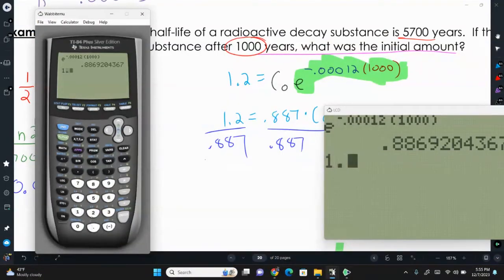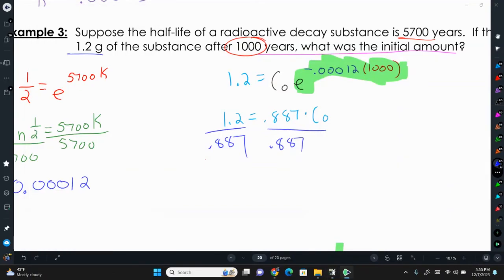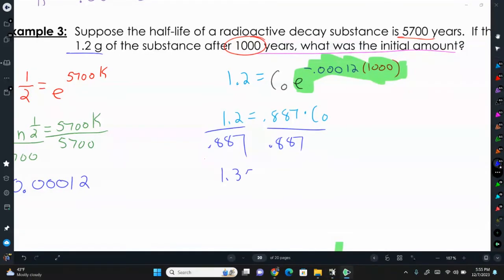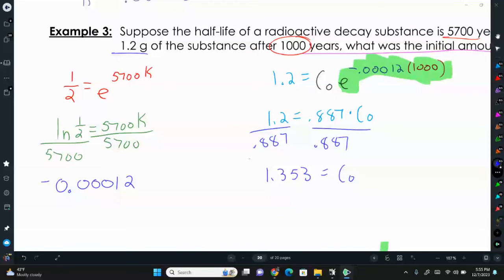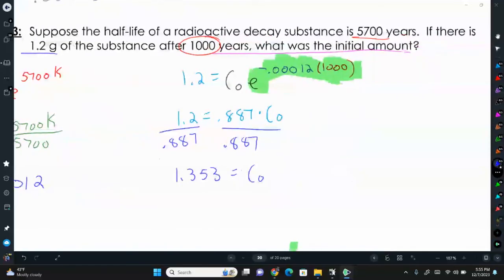So 1.2 divided by 0.887, and we get 1.353 equals C naught. Now, we know that this is not exact because we rounded this k value over here, and we rounded some other numbers too. So if you're off by a few decimal places, don't be concerned with that.